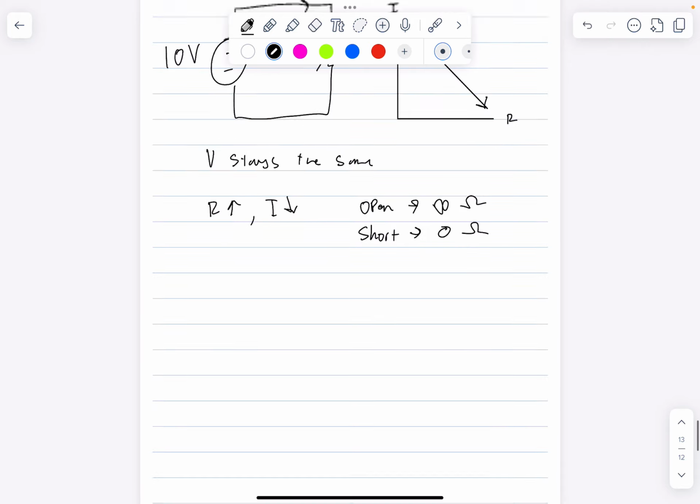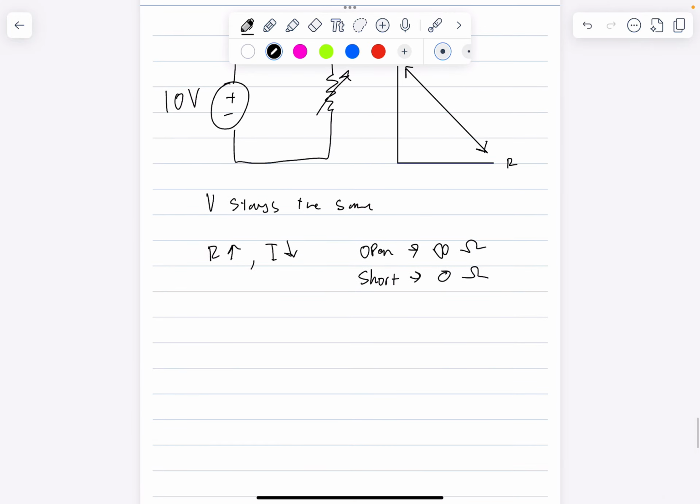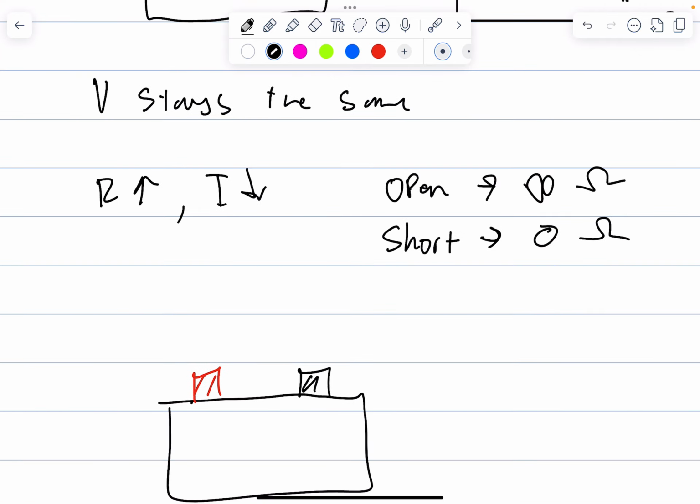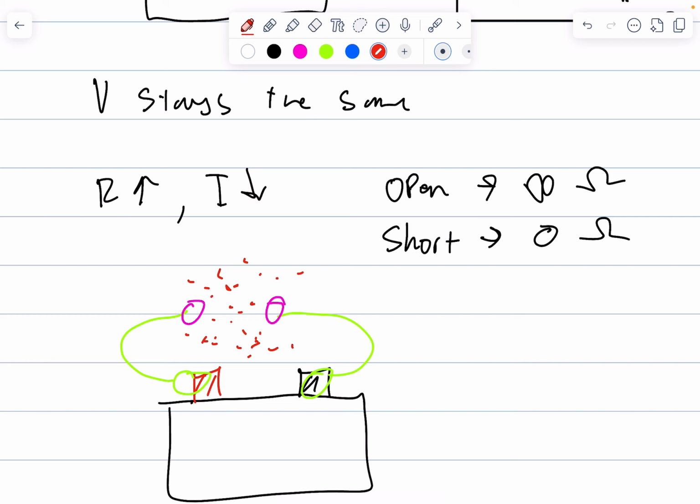So if you took your car battery terminals, like you go to your car, you have your positive terminal, your negative terminal. And you take your jumper cables, and you attach one side here and one side here, and you take the other side of your jumper cables and you connect them to each other. What will you see? You'll see a ton of sparks, because what you're doing is you're creating a short circuit.